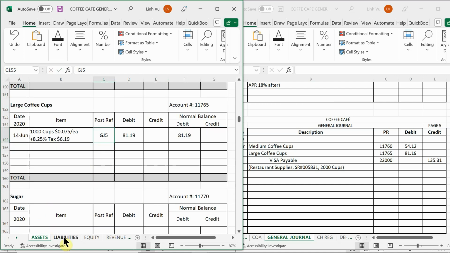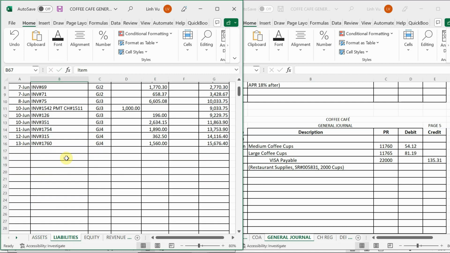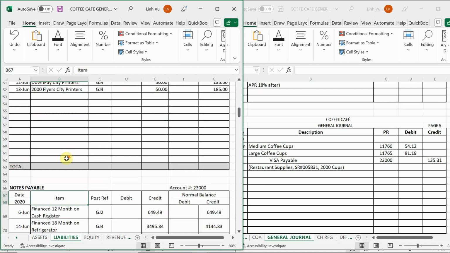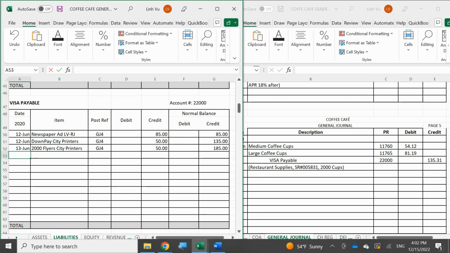And then, of course, we used our business credit card to make a payment for those cups. So here's my business credit card, right? It's the 14th. We purchased 2,000 cups at Restaurant Supplies.